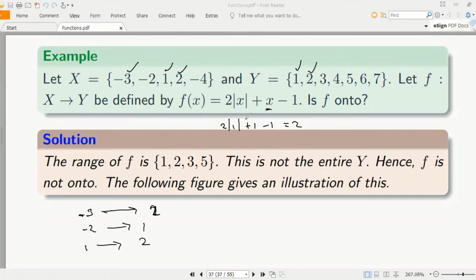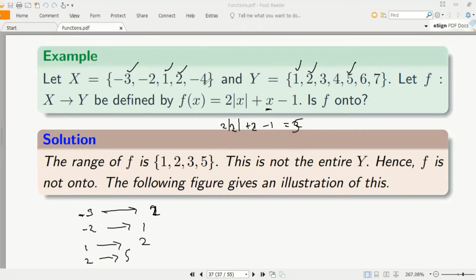Where will 2 be assigned to? Where there is x, just write 2. And here it's 1 plus 4, that would be 5. So 2 is assigned to 5.